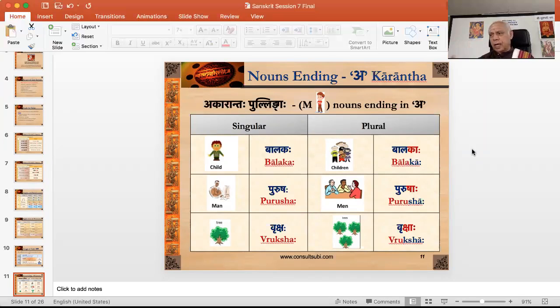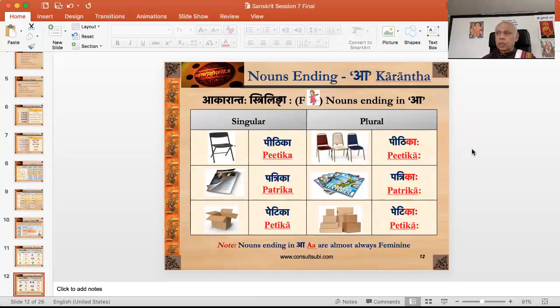Vrikshaha, vrikshaha. You see, these are all nouns ending in a, and many nouns end in a. So you can be sure when it is ending in a, akaranta pullinga, plural is very simple. You just extend the a. Balakaha, balakaha. Purushaha, purushaha. Vrikshaha, vrikshaha. So it's easy for you to remember that. Okay.